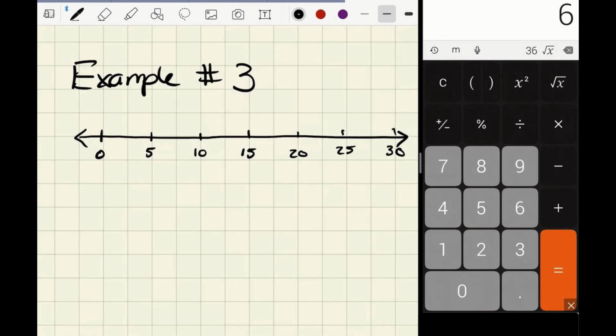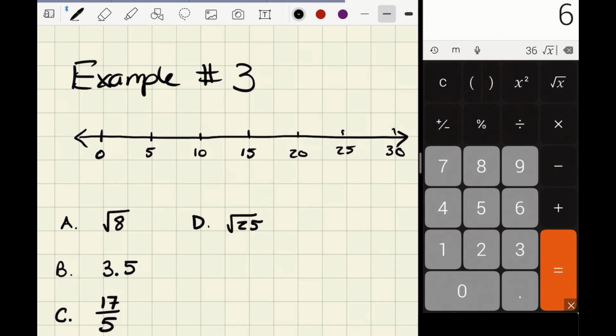And here's the numbers that I want you to place on the number line. So letter A is going to be the square root of 8. B is going to be 3.5. C is going to be 17 fifths. D is going to be the square root of 25.